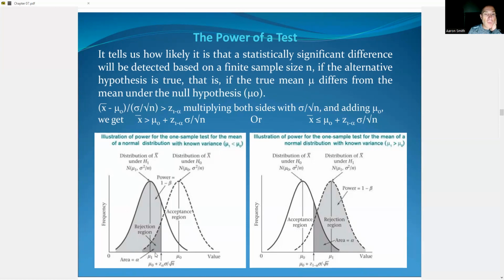But over here, if my test statistic is in this region, we reject it. And here we look at it and it flips around. So this power, this shaded region, the 1 minus beta, indicates how likely we are to make the correct decision when our hypothesized value is mu sub 0, but the true population expected value is mu sub 1.